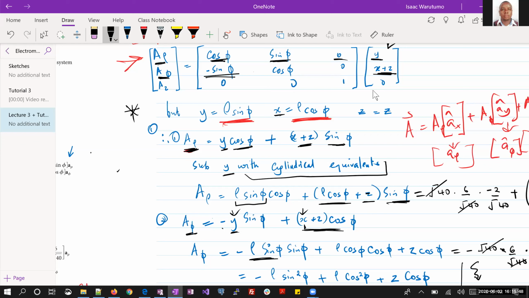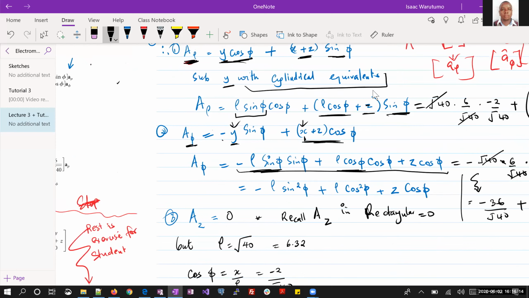And remember, we have just defined these ones right here. So it becomes rho sine phi for Y and rho cos phi for X, and of course you open the bracket. So this becomes my A phi. And you can see that this is going to become 0. My AZ is still going to become 0.